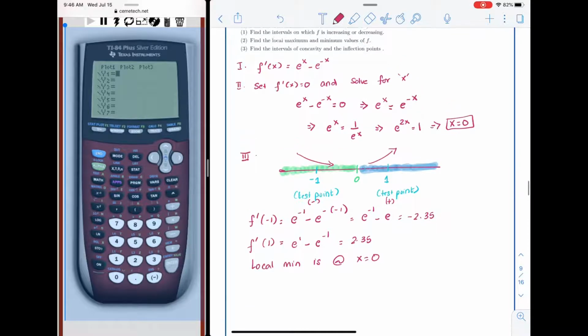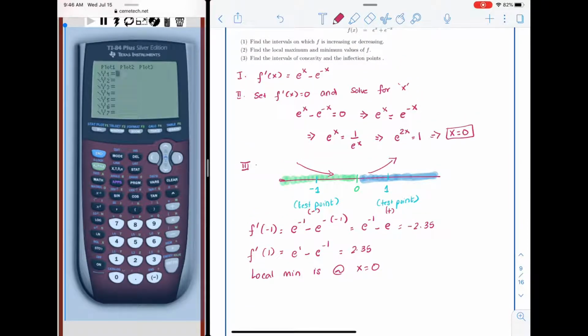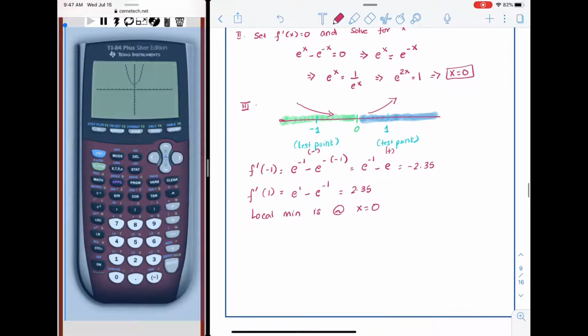E raised x, the original function, so e raised x plus e raised negative x, and graph. And you can see, as I mentioned, that value is in fact the absolute minimum also.